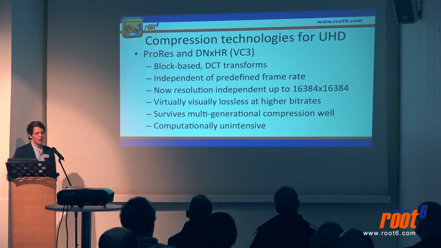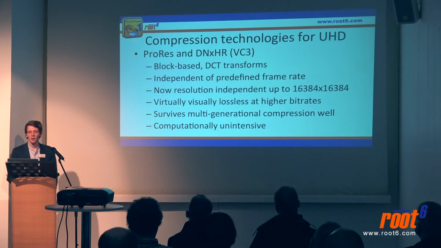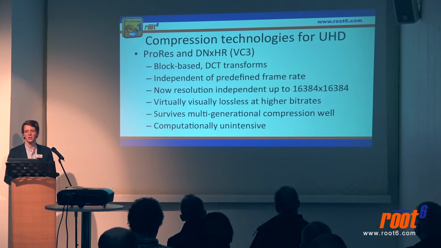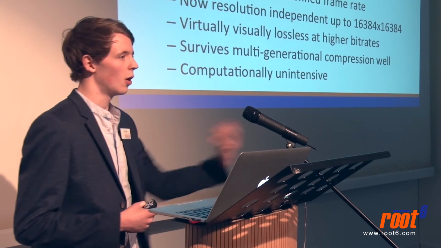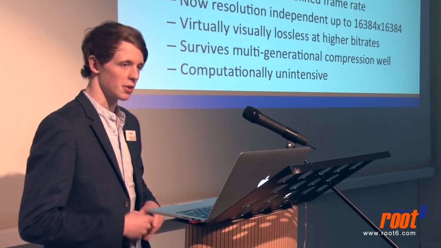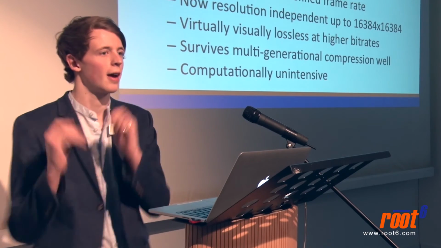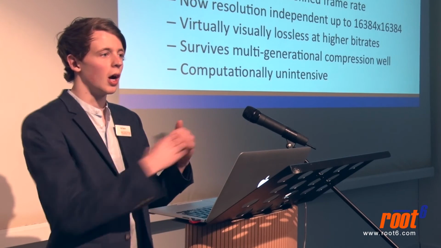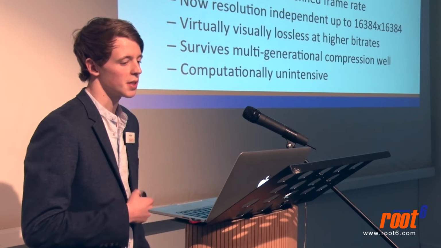So one of the other ones I just want to touch on is ProRes and the new DNxHR, which is just an extension to the SMPTE standardized version of DNx VC3. In contrast, the antithesis of a wavelet transform, these are DCT transforms. So we're looking over a regular area of our images for a fixed number of frequencies.